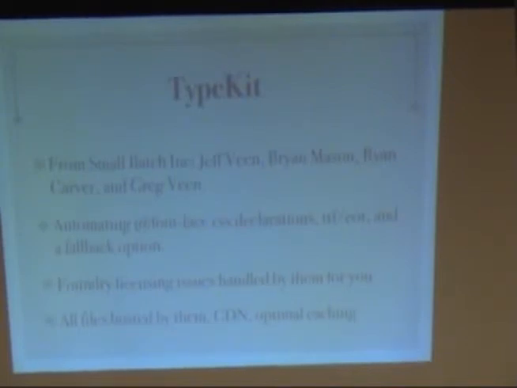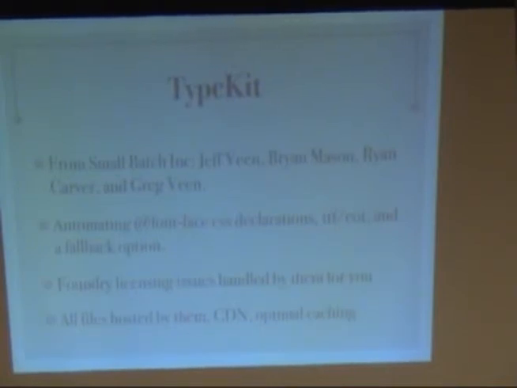So the general idea of Typekit is that you just include a single JavaScript file in your page, and it works. It's magic. So what it will do is create the CSS declarations and reference the font files, the TrueType for all browsers but IE, and the EOT for IE.